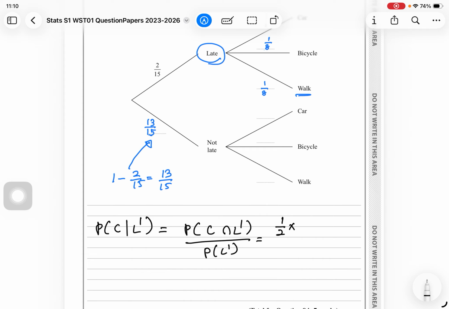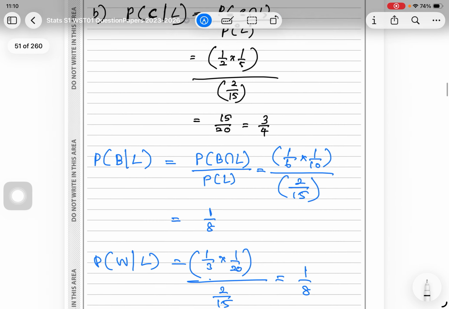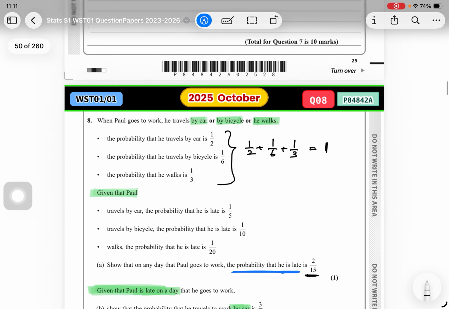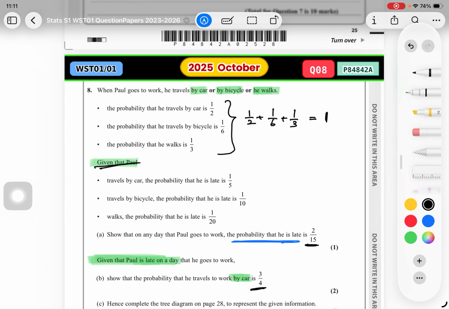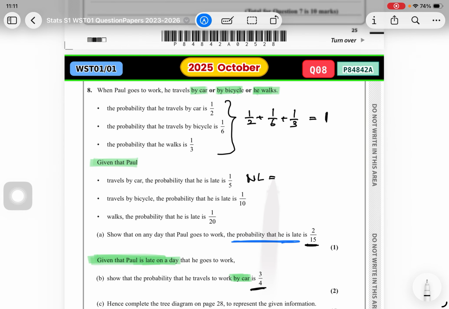So what you have is 1/2 times not being late. If you're coming with the car, not late will be 4/5. Not late here would be 9/10. Not late here would be 19/20. So these are the numbers that we actually have.